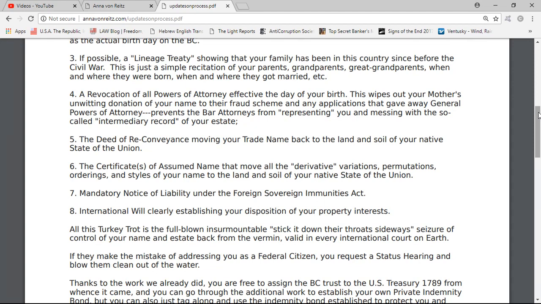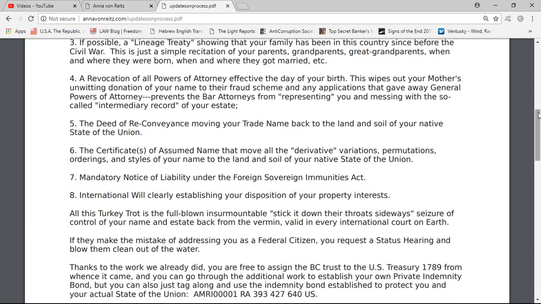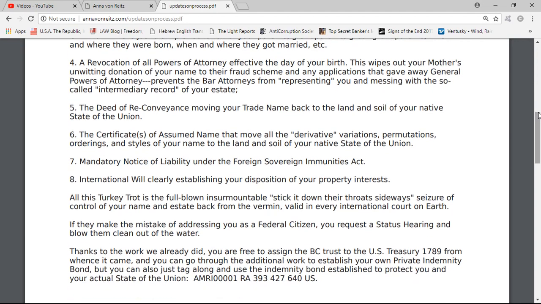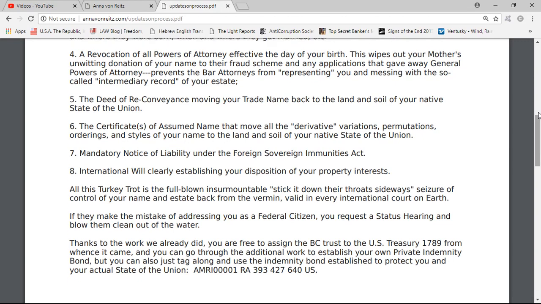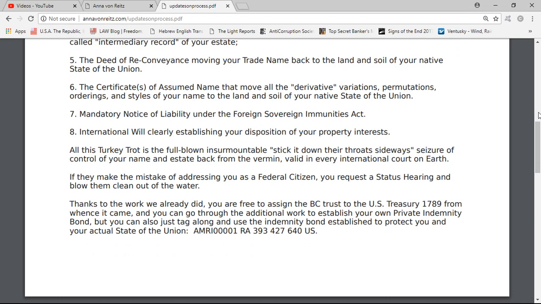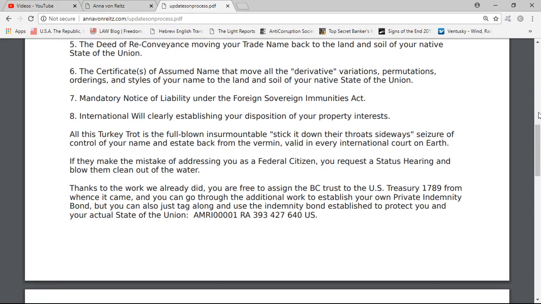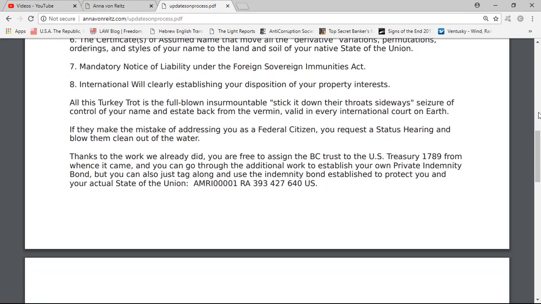This is just a simple recitation of your parents, grandparents, great-grandparents, when and where they were born, and when and where they got married, etc. Revocation of all powers of attorney effective the day of your birth. I believe that's kind of built into one of the editable forms. The deed of reconveyance is one of the editable forms. The certificate of assumed name is one of the editable forms. The mandatory notice of liability. And then an international will clearly establishing your disposition of your property interests.